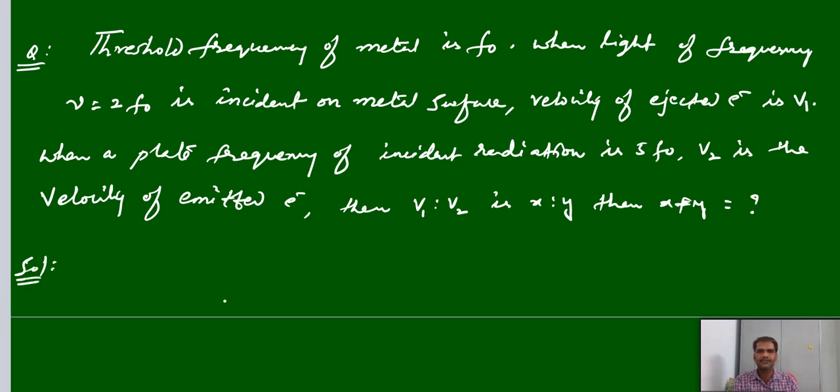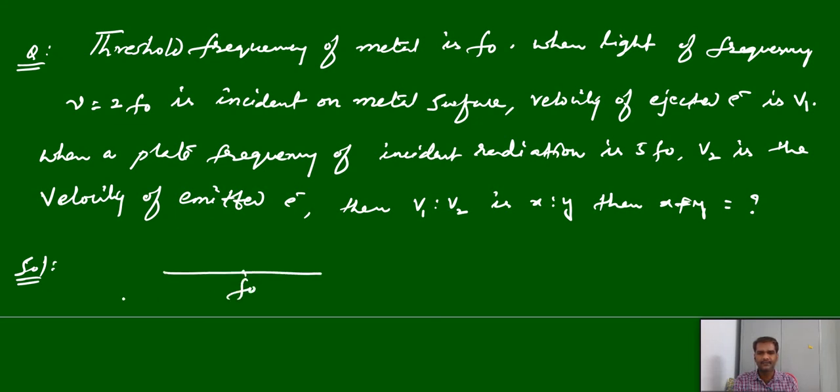Let's see here, a threshold frequency of a metal. We have one metal whose threshold frequency is given as f naught, just like the previous question. When light of incident frequency 2 f naught is incident on the metal surface, an electron is ejected and its velocity is v1.